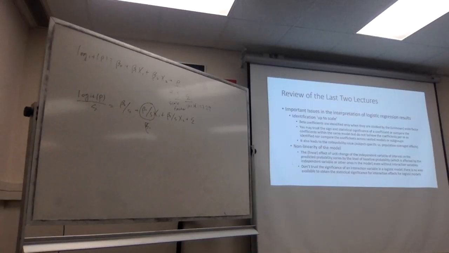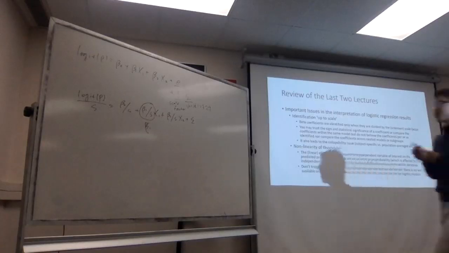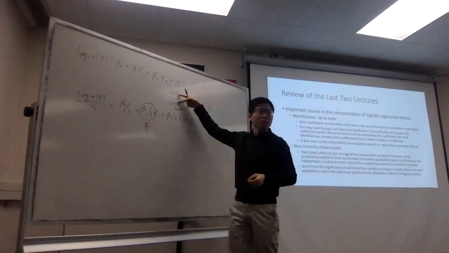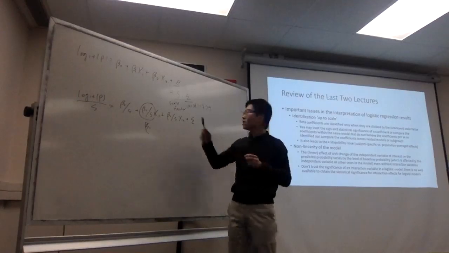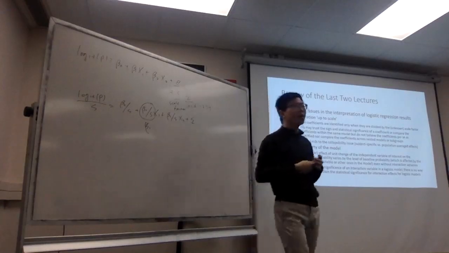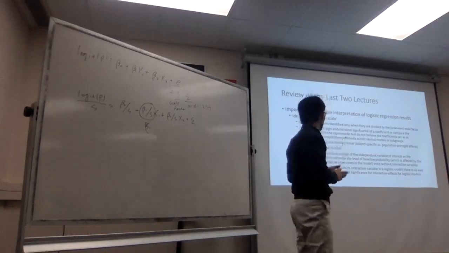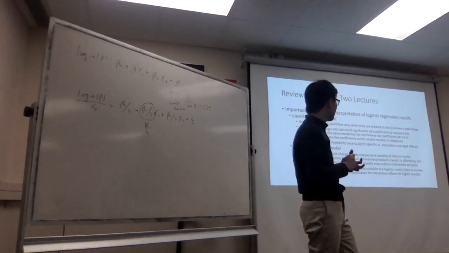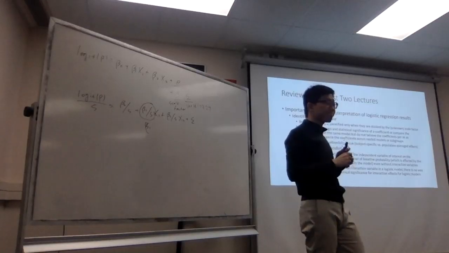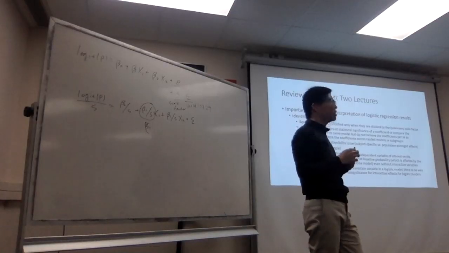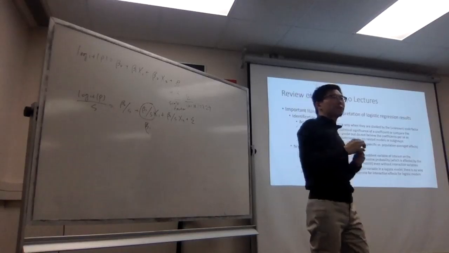It is pretty common, but it's not correct because the scale factors across these two groups can be different. Does that make sense? So that's why you cannot compare the coefficients across subgroups in logistic regression models. Okay.